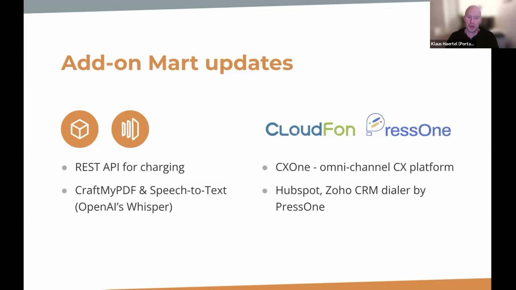For those who want to further customize invoices created with Porta Billing, we now have the ability to use external services to design them, initially a service called Craft My PDF. We also have speech to text for call recording using OpenAI's Whisper engine, so call recordings can be converted to text and made available to customers.